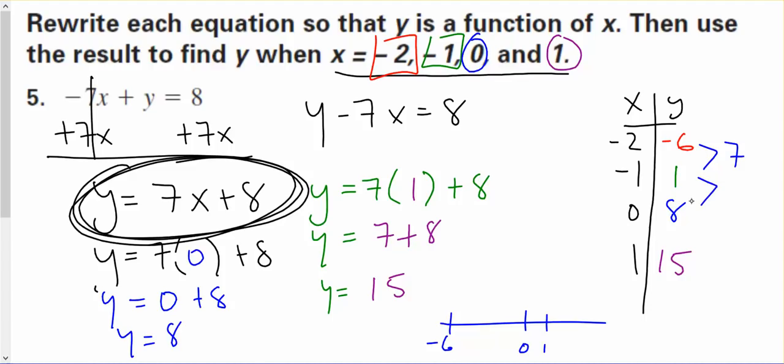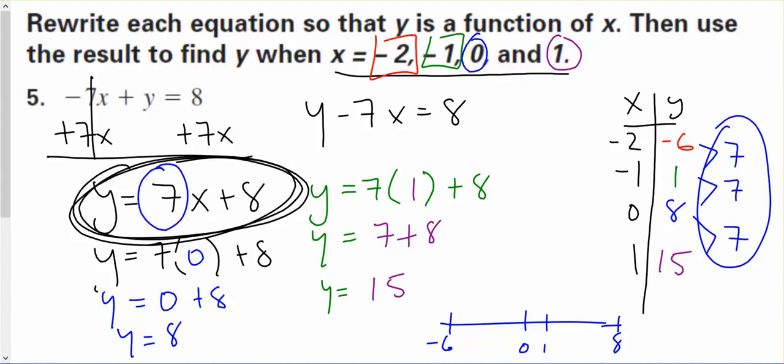From 1 to get to 8, we're going up 7. From 8 to get to 15, we're going up 7. It's not a coincidence that we're moving up 7 each time and that there's a 7 right here. There's a special word for that value, and it's called slope, and we'll be going over that in future lessons.